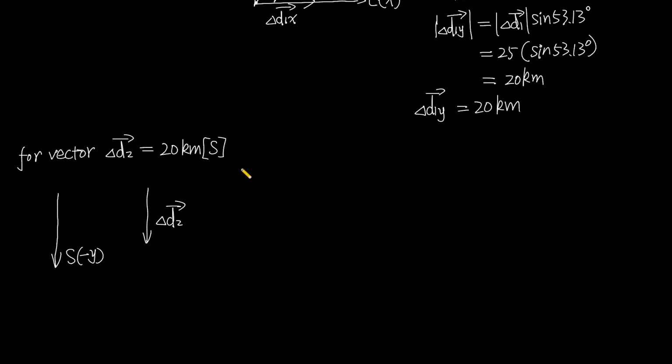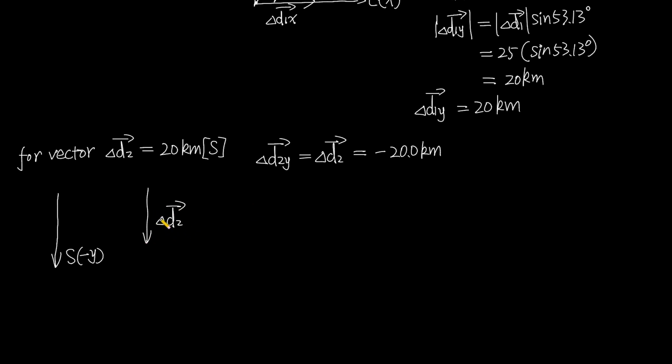From the graph, we can know that the vector delta d2y just equals the vector delta d2. Because vector delta d2 is parallel to the negative y direction, this equals negative 20 kilometers. It's negative because its direction is the negative y direction.